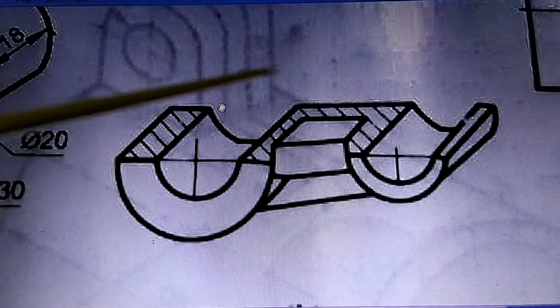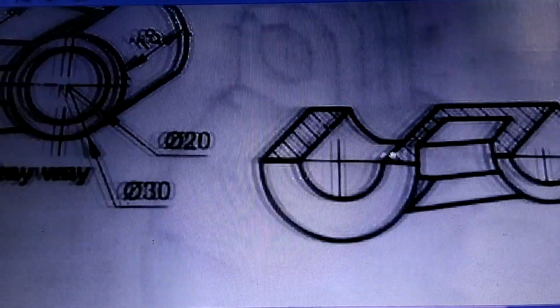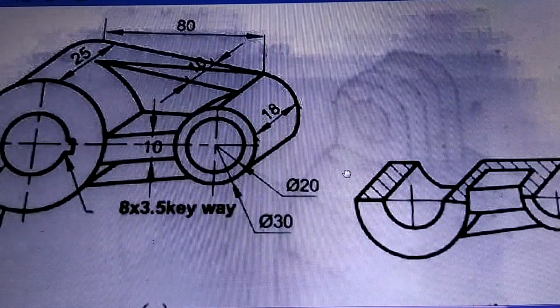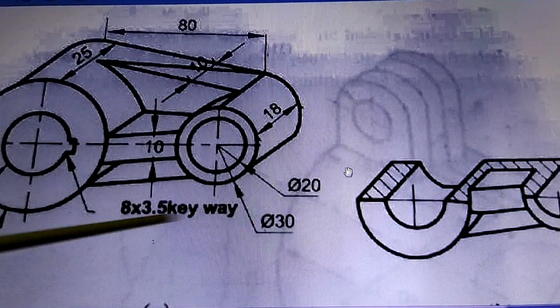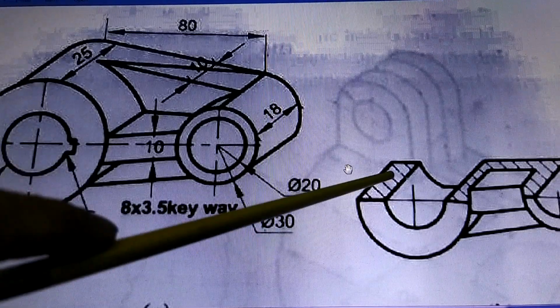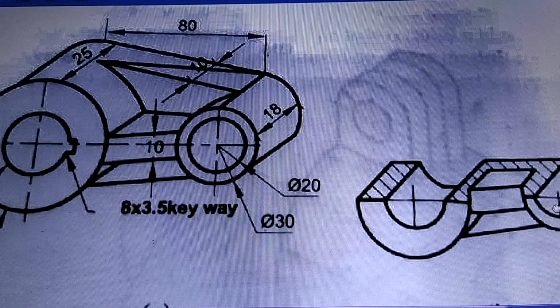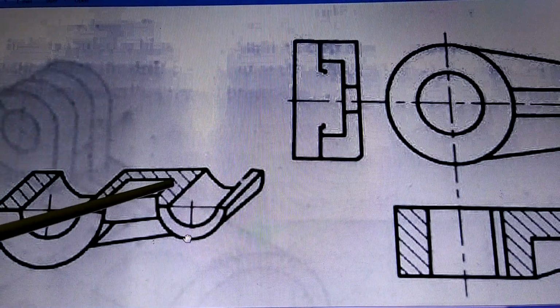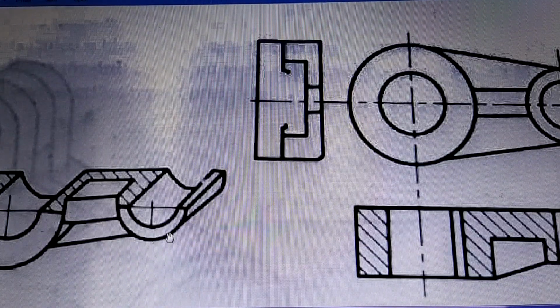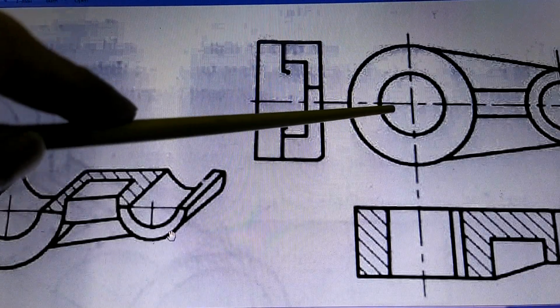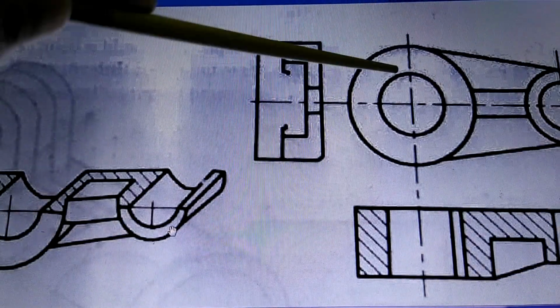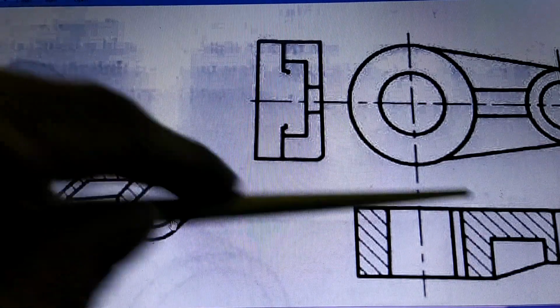This is the same three-dimensional view after it is cut. After you cut the part, this is how it is seen in three dimensions. This is the sectional part portion. The newly created surface is here, and when you draw the orthographic views, this is your one view, say front view. When you see from above after it is cut, this is a sectional top view.